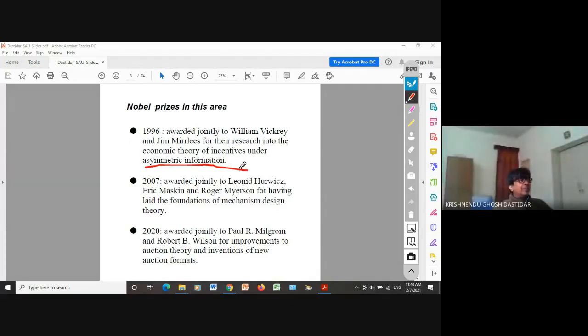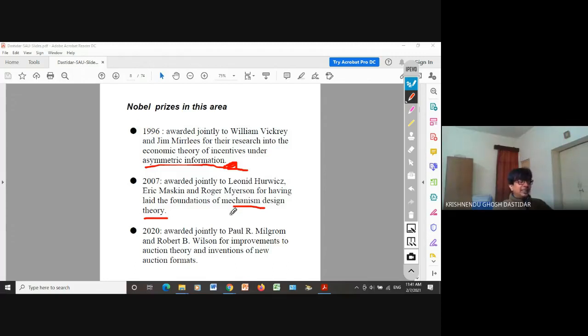And auctions are really games where asymmetric information plays a major role. Then in 2007, Hurwicz, Maskin, and Myerson won the Nobel Prize for laying the foundations of mechanism design theory. And auctions are particular kinds of mechanisms, and they also study it.